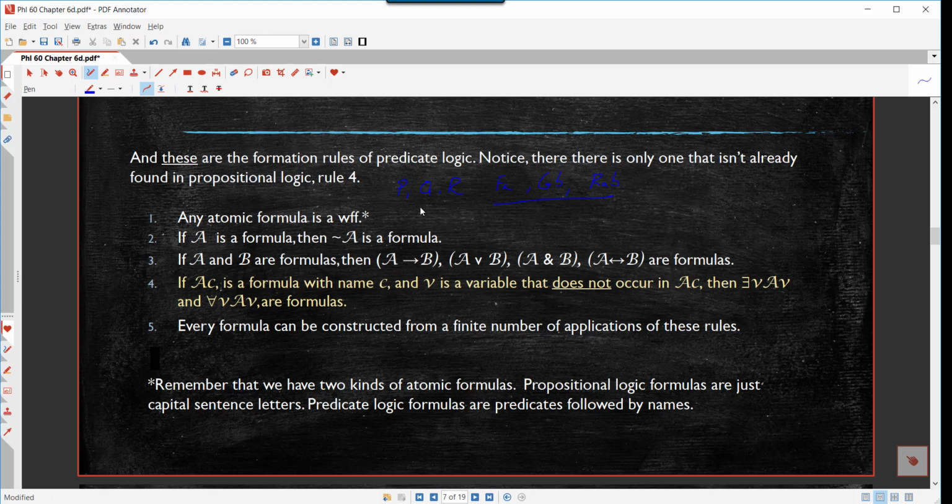These would all be atomic formulas in our expanded understanding of the language. All right, so Rule 1 still just says any atomic formula is a wff. And Rule 2 just says if something is a wff, then not that something is a wff.